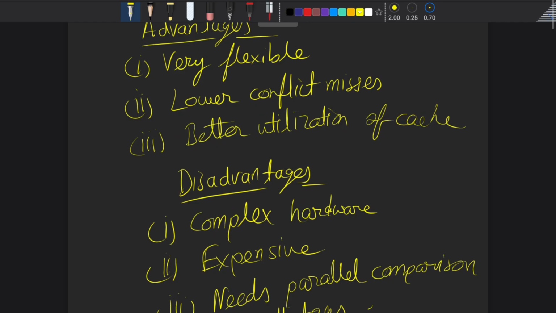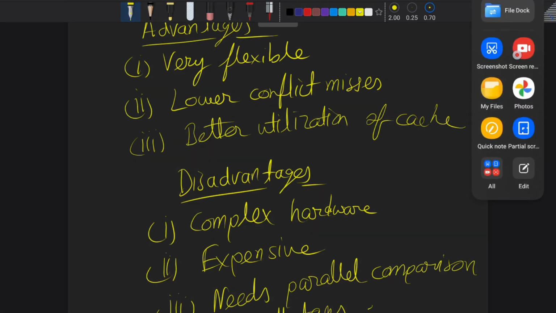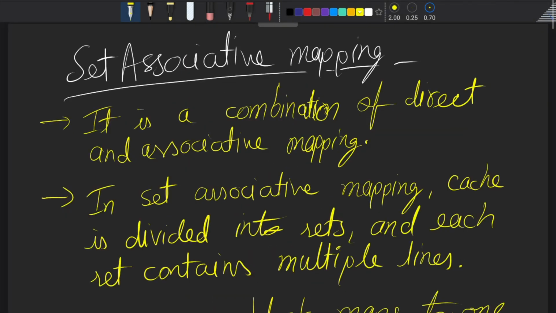Now let's discuss set associative mapping. In set associative mapping, we will be seeing that it is a combination of direct mapping and associative mapping.